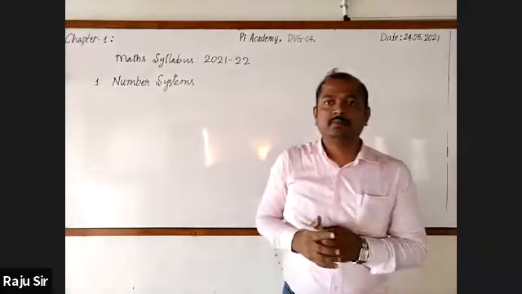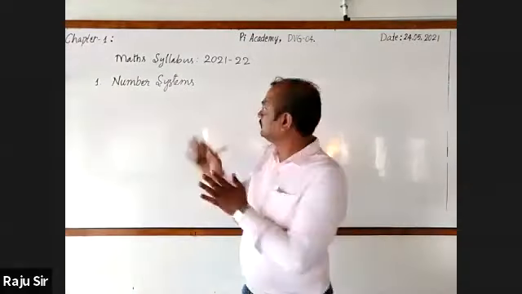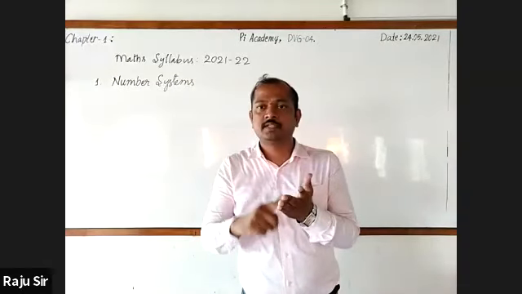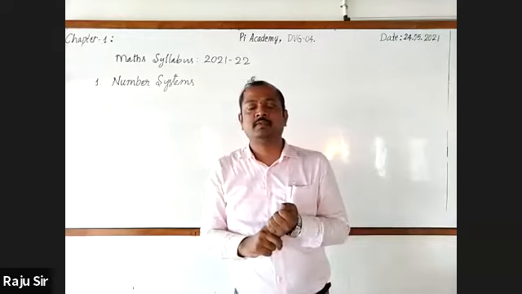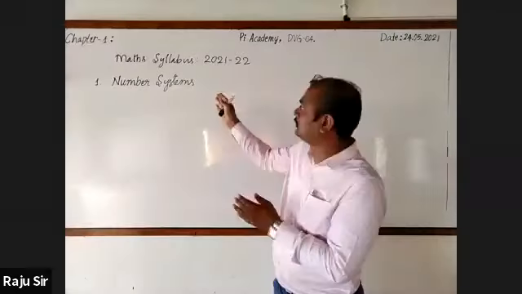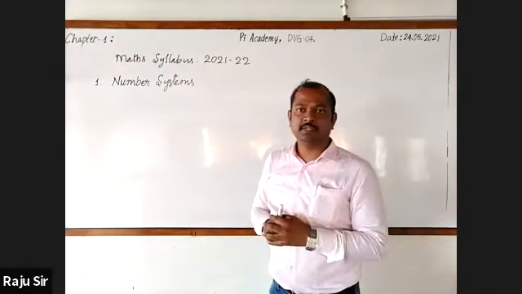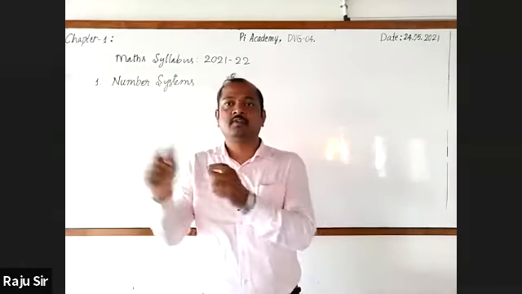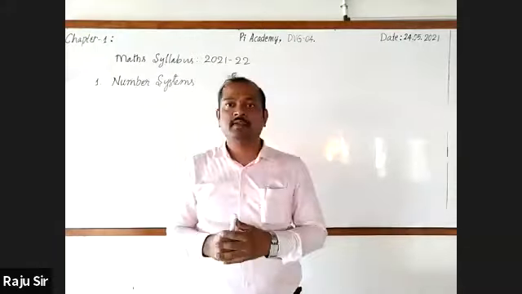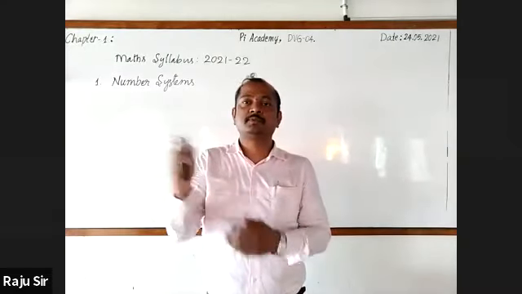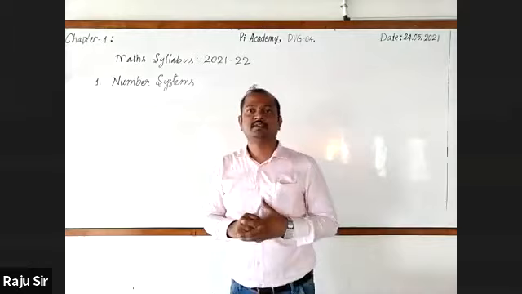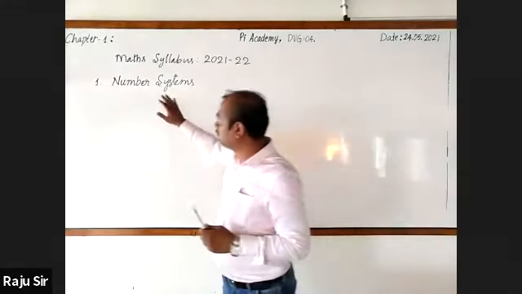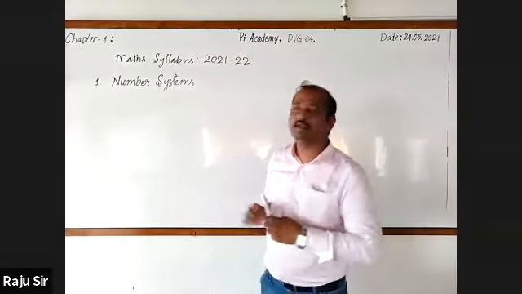About number system, even you have learned about this in your previous classes in 6th standard, 7th standard. So those are to be continued in this academic year. It may be like equivalent fractions, writing the numbers on the number line, finding the rational numbers between the given rational numbers. So such concepts are there. They are all very interesting. Those will be learned in the chapter called number systems.